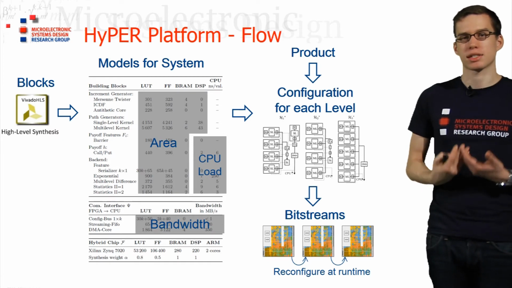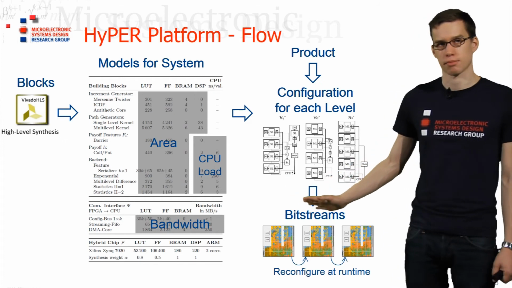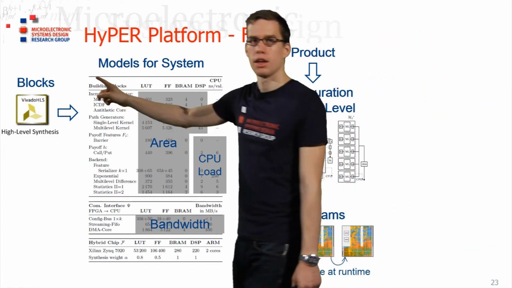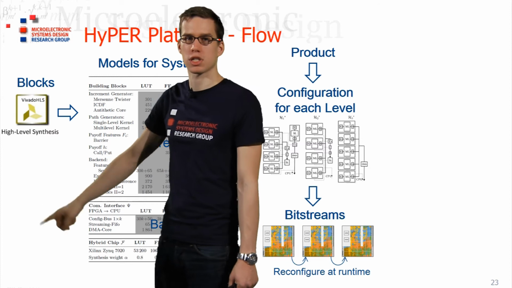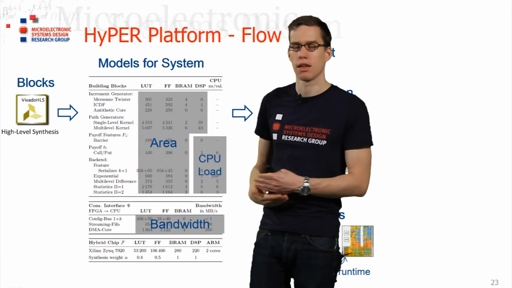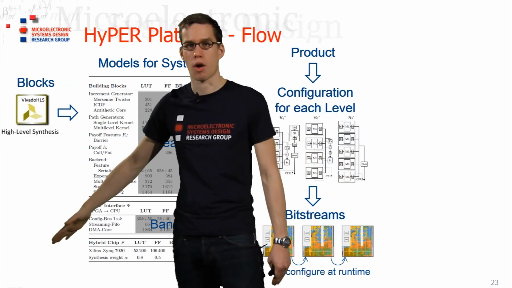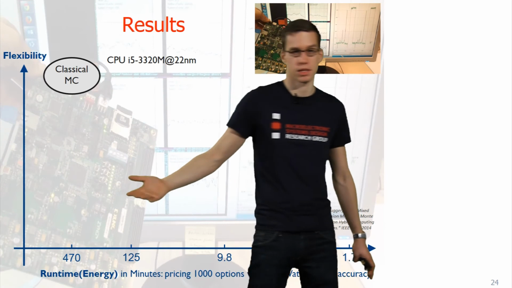Now, how does that system perform? Here we have 2 axes. We have the flexibility axis, which tells us basically how easy or how hard it is to put a new option, a new product, into our FPGA, into our pricing system.